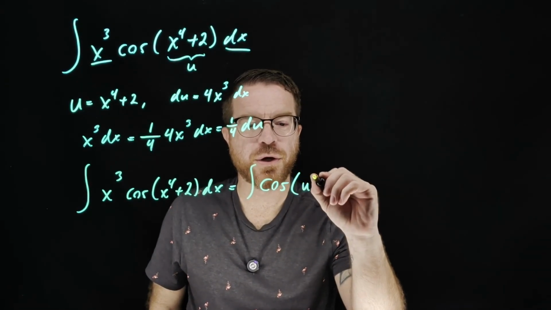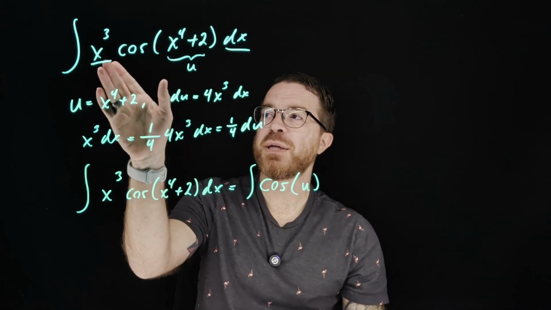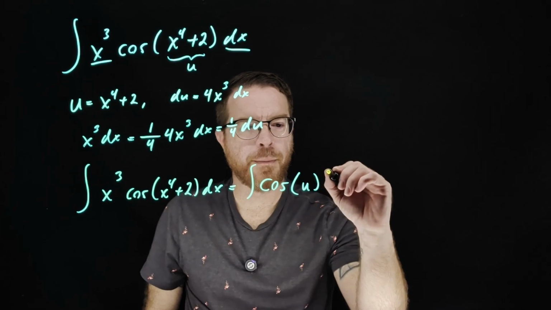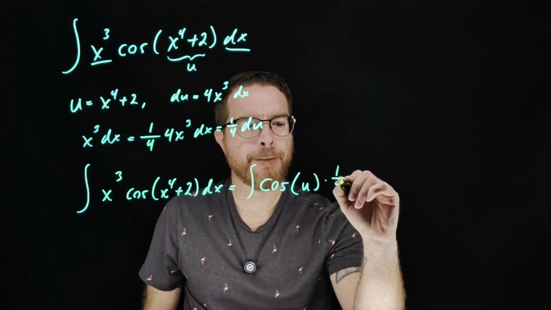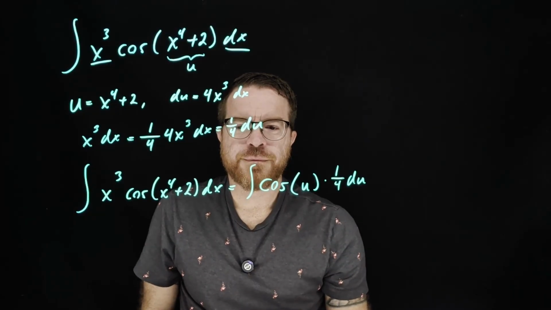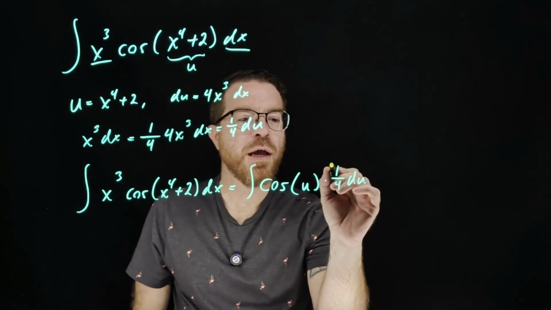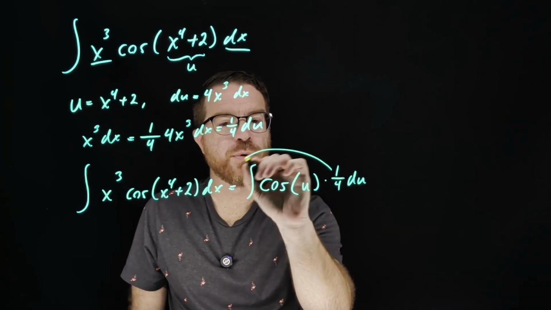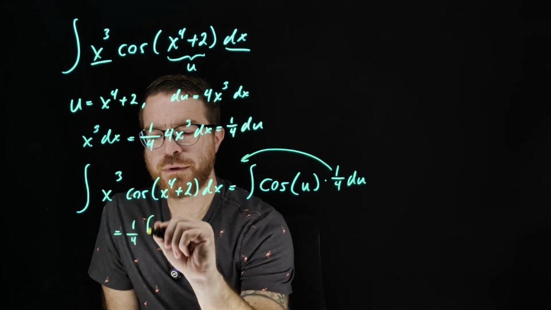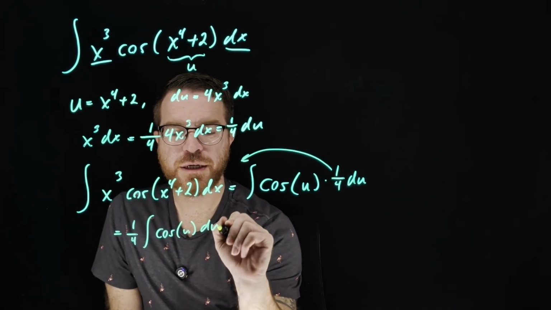And then our x cubed dx is going to become 1/4 du. Using our integration rules, we know that this constant can be pulled out, so this becomes 1/4 integral of cosine of u du.